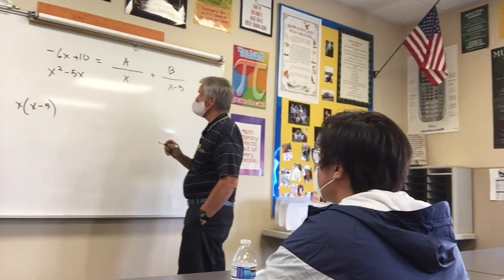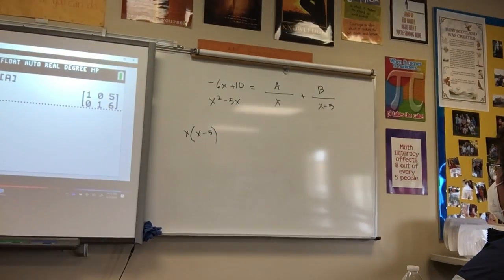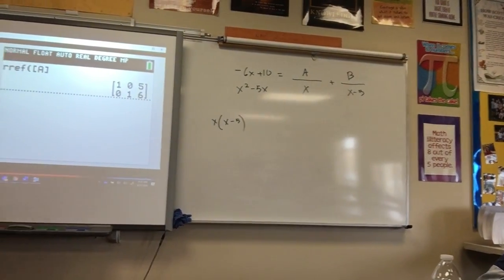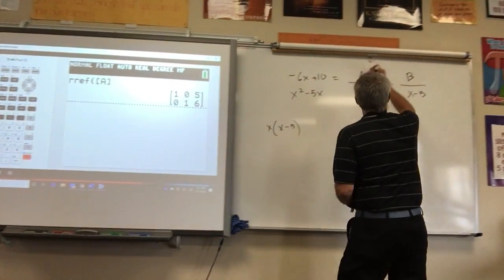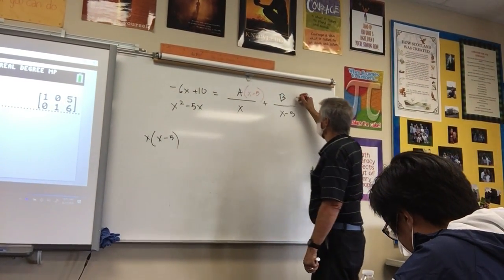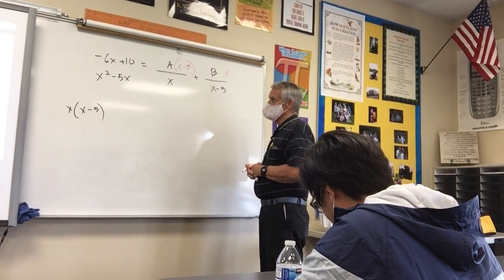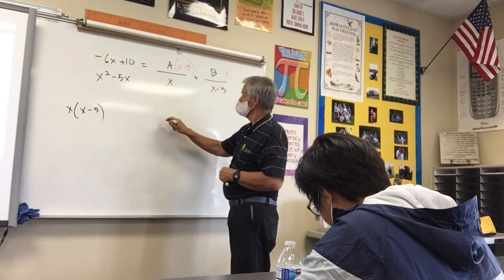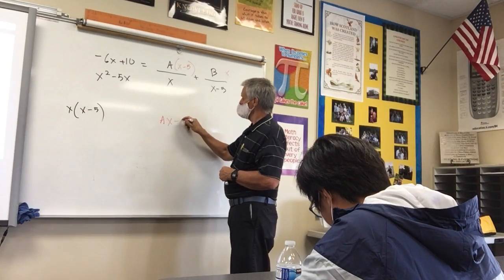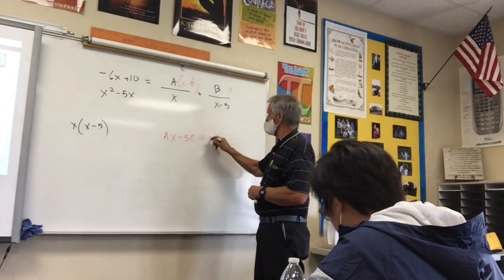Okay? So I'm going to put the next step up in a different color. This one I'm going to multiply by x minus 5. This one I'm going to multiply by x. That means ax minus 5x plus bx.